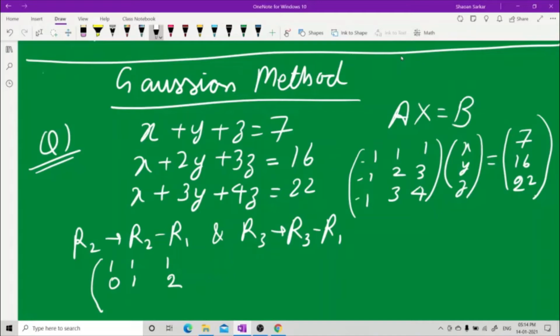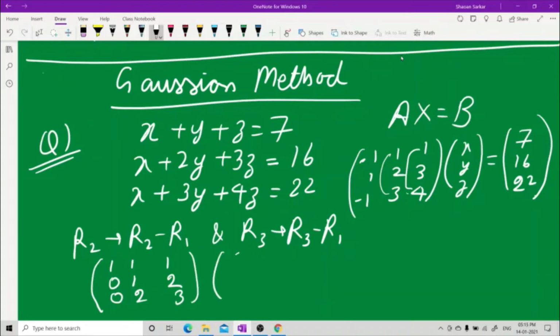And again from the first row, 1 minus 1 is 0, 3 minus 1 is 2, 4 minus 1 is 3.